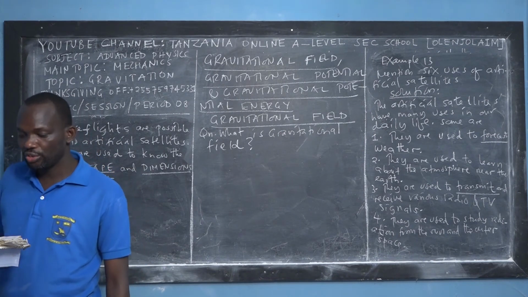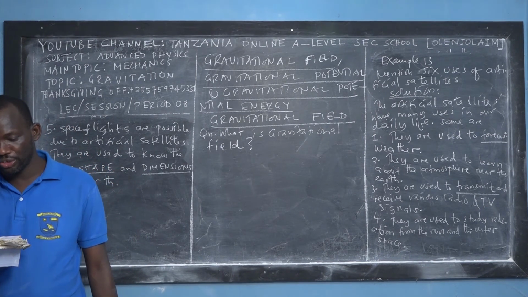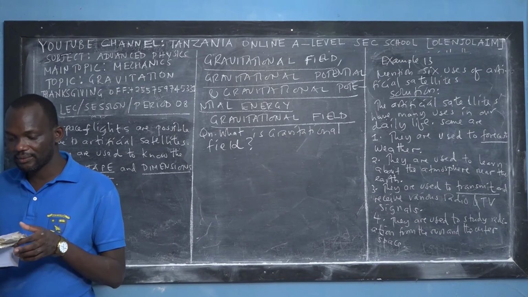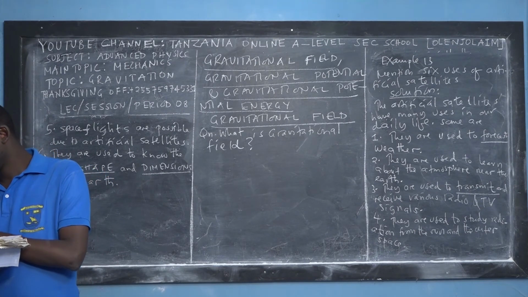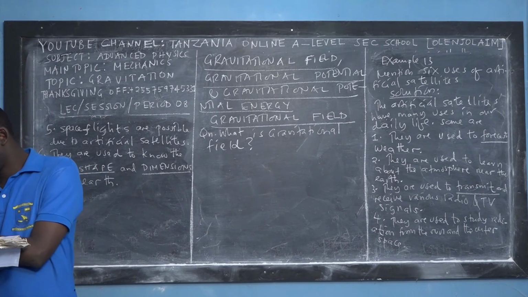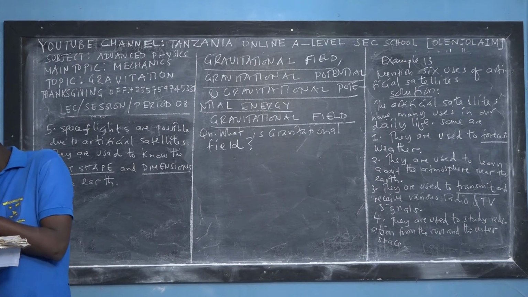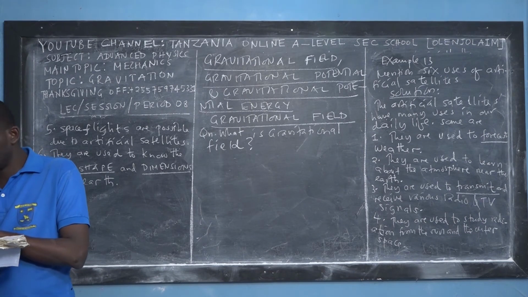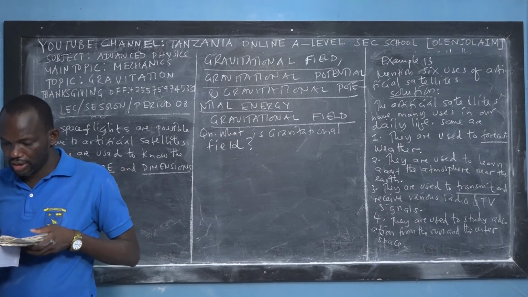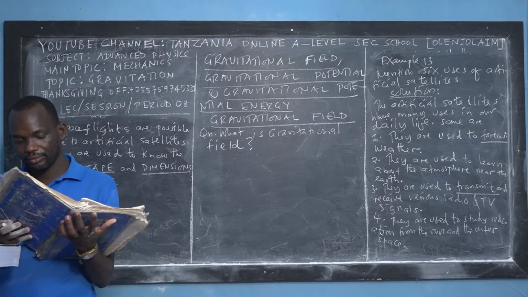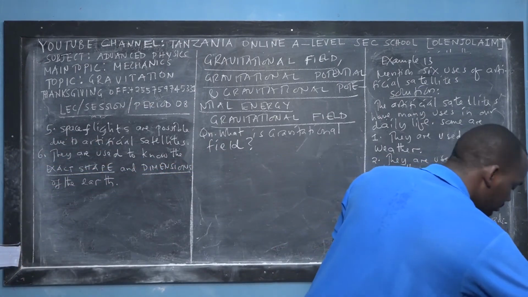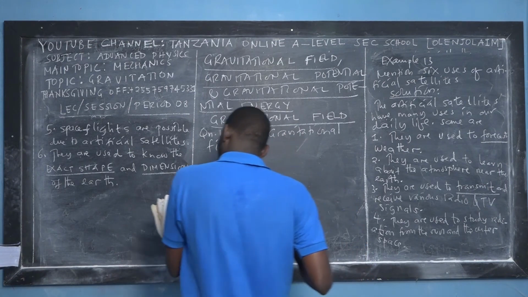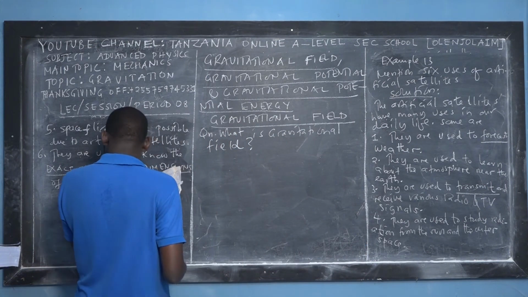Gravitational field. It's a region of space around a body in which any other mass experiences a force. I have found 2 definitions of this terminology. As I told you, you have to pronounce it so that you can register it in your permanent memory, because you need to know the definition of this term during your review.